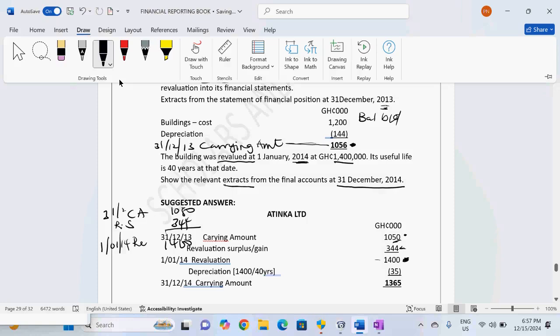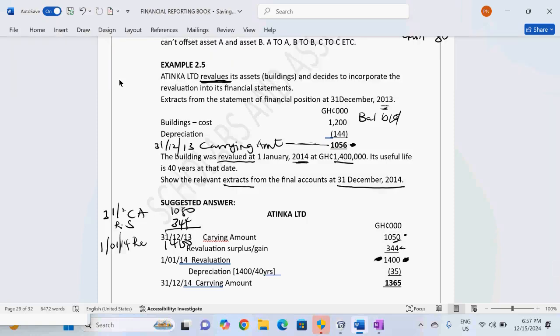What will be our depreciation? The depreciation will be computed on the revalued amount, the new amount after the expert has revalued the asset. So we are getting 1,400.